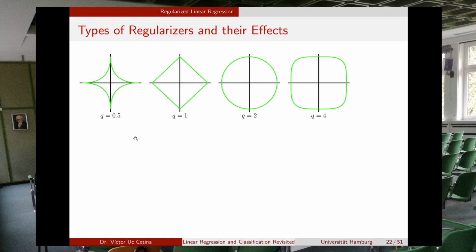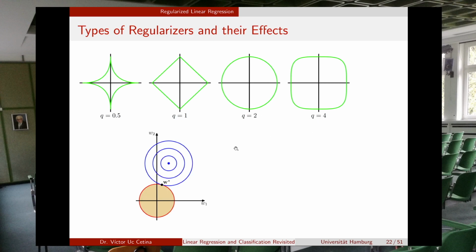But you can play with different Qs like 0.5, 1, 2, 4. And these are the shapes that these regularizers take. To understand a bit what is the difference between applying Q2 or Q4, let's see an example of Q2.